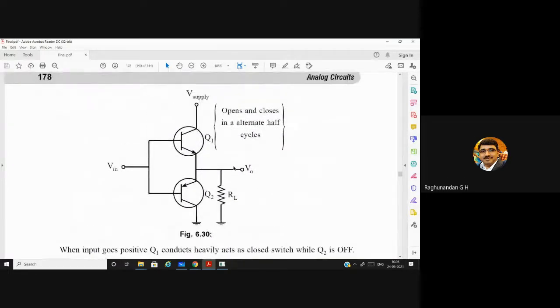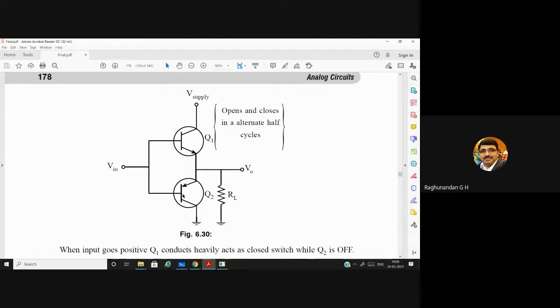So how does this work? Whenever an input is given, here we are using two transistors which are complementary to each other, and we assume that both of them are in the saturation region. When one enters into the saturation region, the other enters the cutoff region.